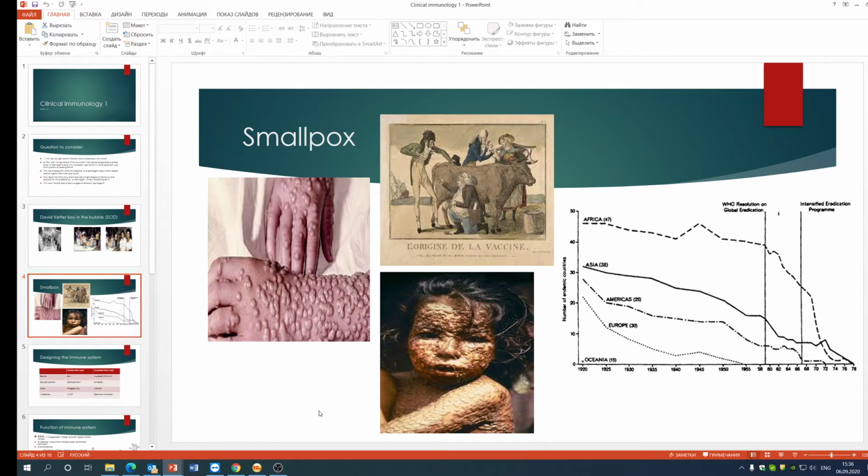This picture displays the dramatic clinical picture. 30% of people died, 70% survived, and it was noticed that people who had smallpox only got it once. Therefore, this was called immunity.